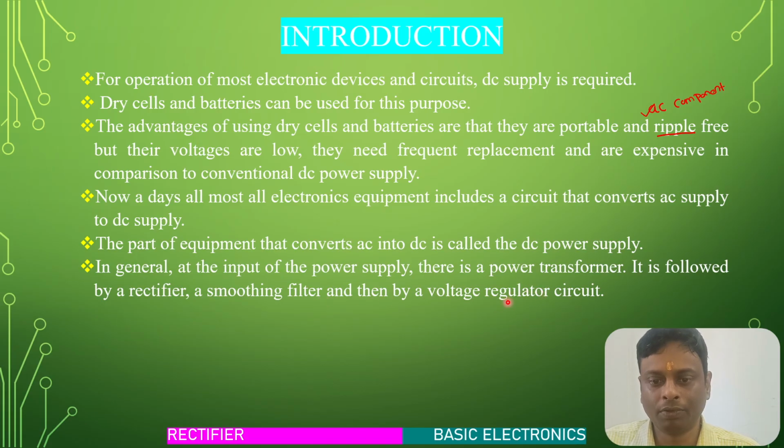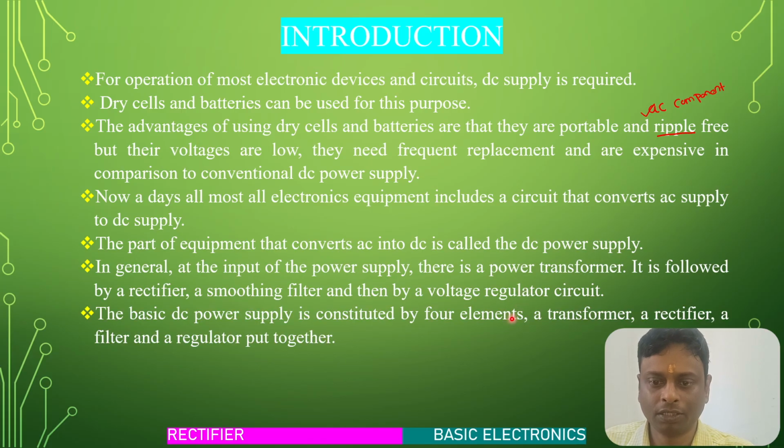At the output of the voltage regulator circuit we can get the pure DC voltage. So there are four components: transformer, rectifier, filter, and regulator. All are put in a single unit.